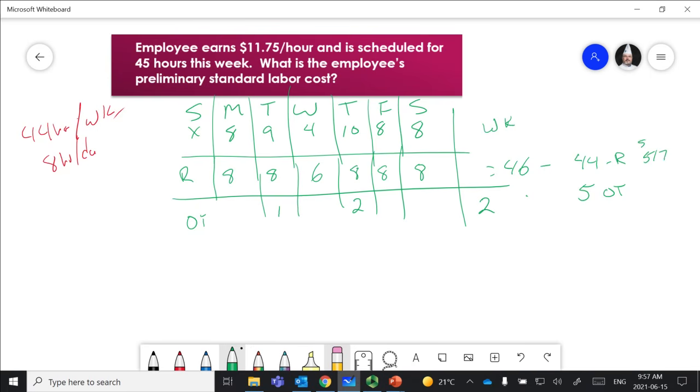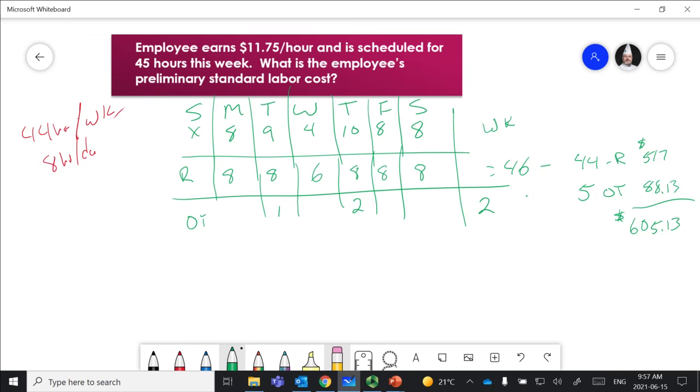That hasn't changed. But now we have 5 hours of overtime times 11.75 times 1.5, which gives us $88.13. Add the two together, and we get a pay of $605.13 for the week.